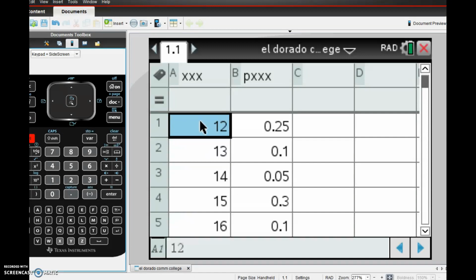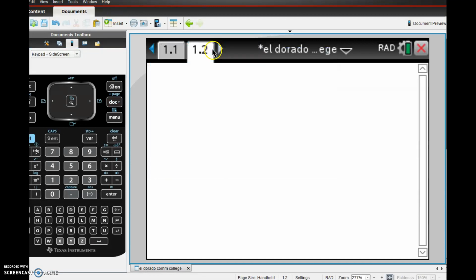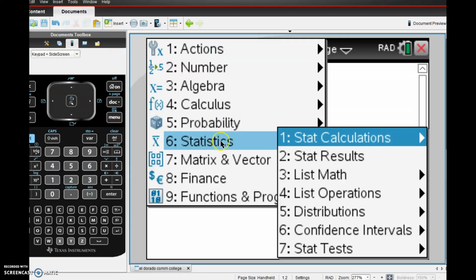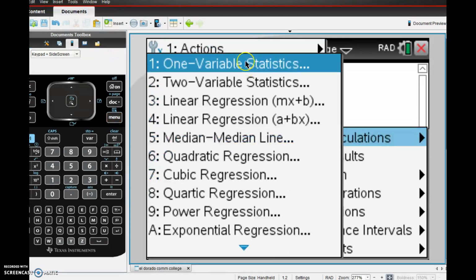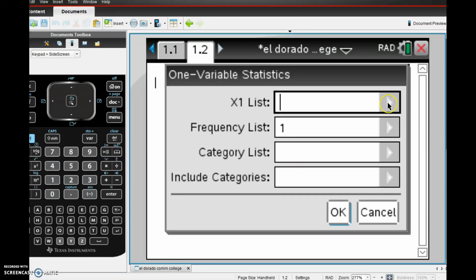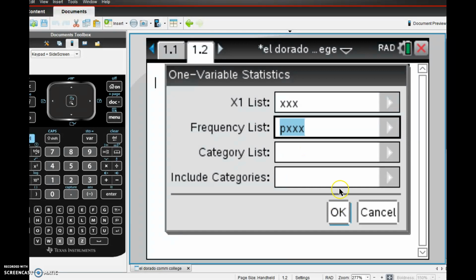So if you recall, in order to find the mean and standard deviation, by letting the calculator do the grunt work, we go to Menu, Statistics, Stat Calculations, One Variable Statistics, because this is still one variable. However, we have our x's, and then we also have that frequency list. Remember, our probabilities are like a frequency list. So that's the only extra part, that we've got to put in that frequency list.